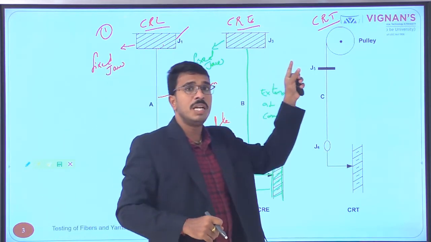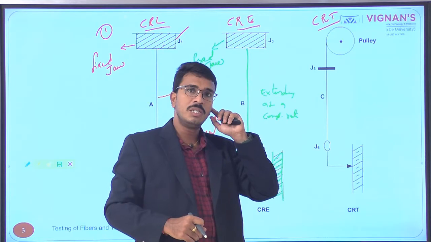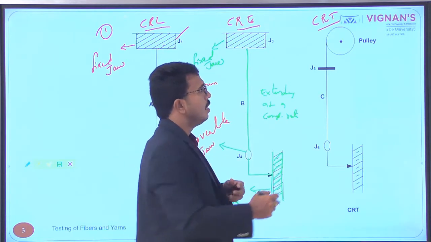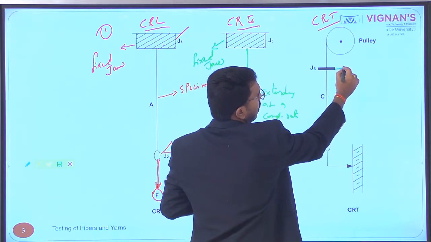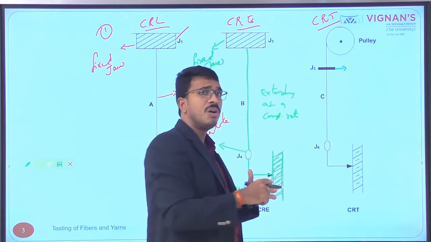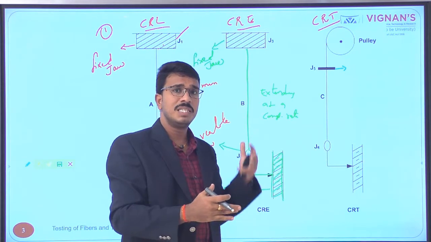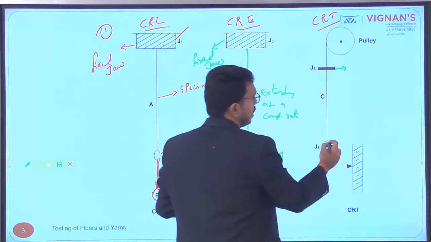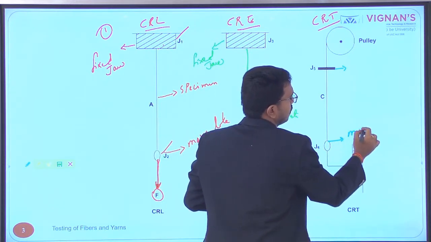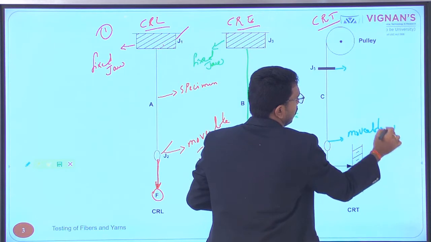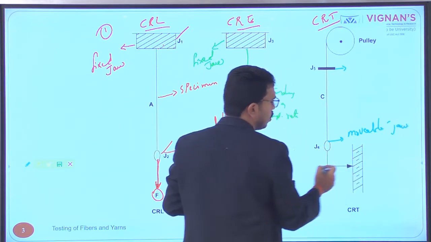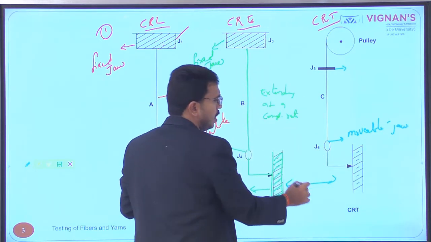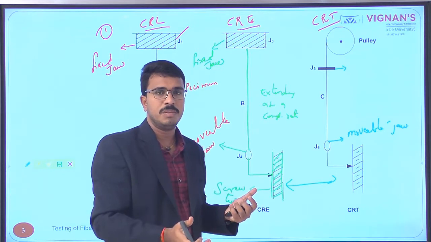When it comes to the CRT principle, that is the constant rate of traverse principle, this is a jaw. This is not a fixed one, unlike the other two principles, and this is the movable jaw. The movable jaw is connected to the screw type mechanism, similar to the CRE principle.